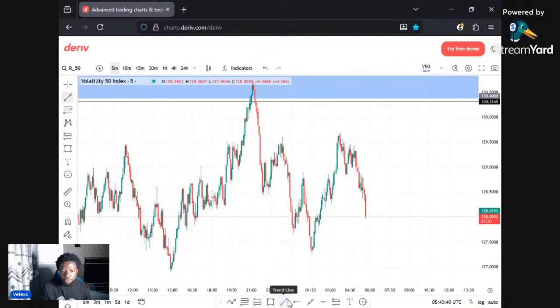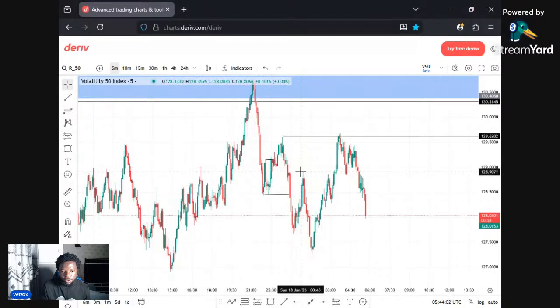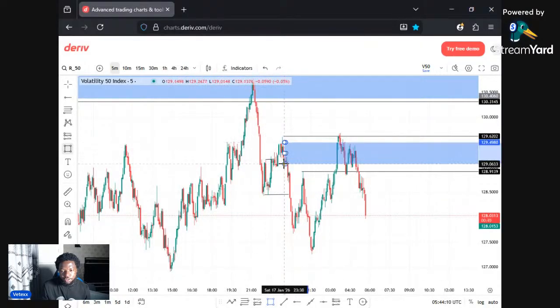And also we have a setup here that just played out. I think we missed it. The sweep of liquidity, protected high. We have first break of structure. Price retrace 50% to give us our structural liquidity. And then we have our point of interest.